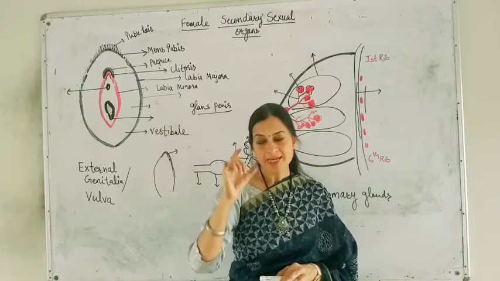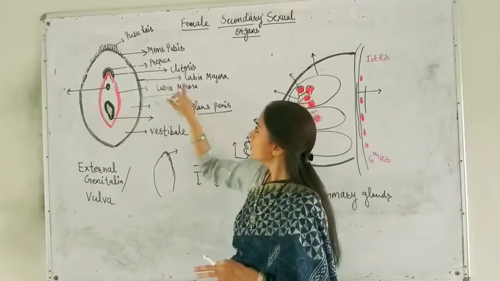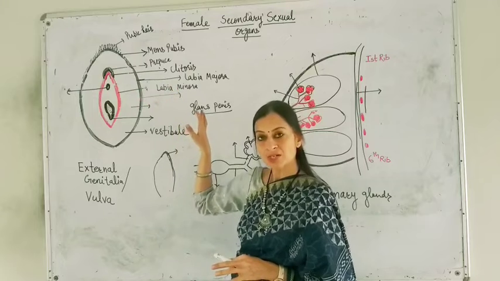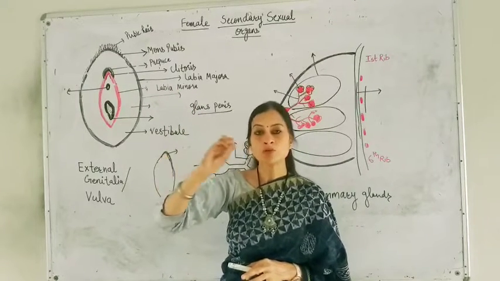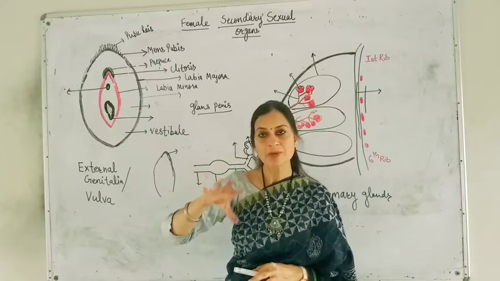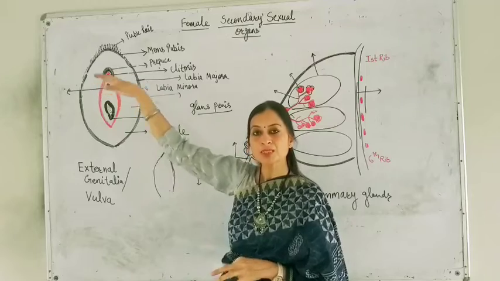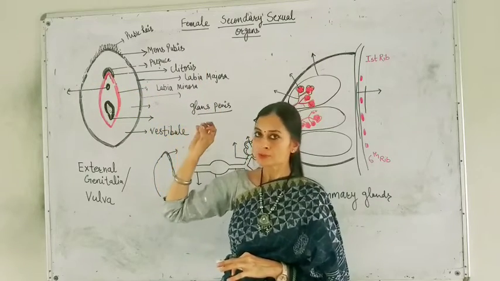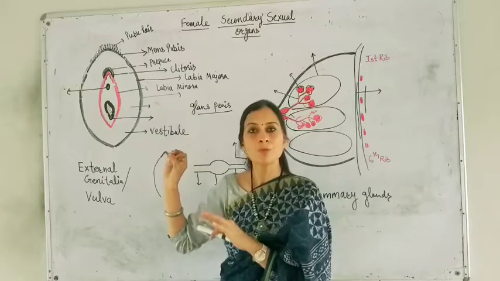That sensitive tip, the glans penis, is homologous to the clitoris in females. Both are structures whose developmental plan is the same, similar structures.